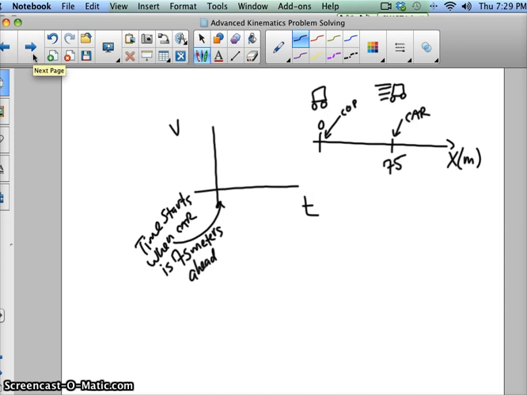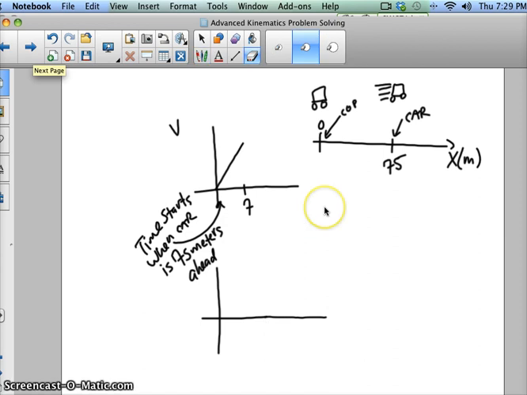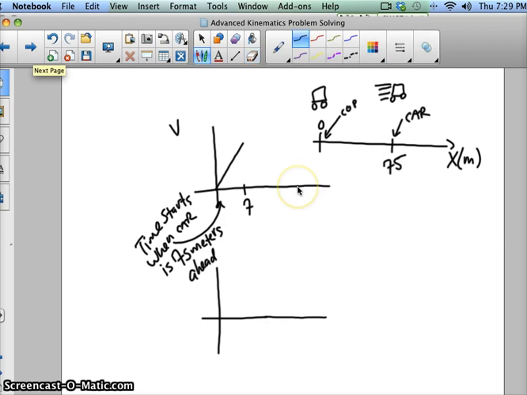So the cop is going to speed up for 7 seconds, it says. And let's draw an acceleration time graph below. Okay? So I'll connect my 7 seconds down here and draw the acceleration of the cop.